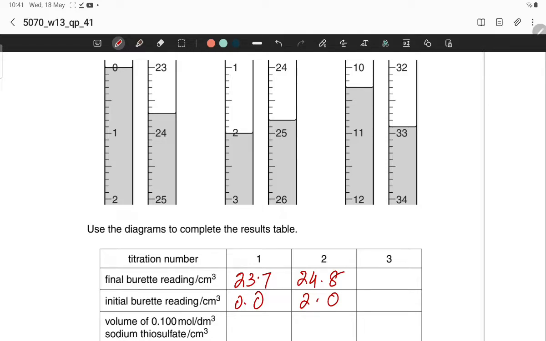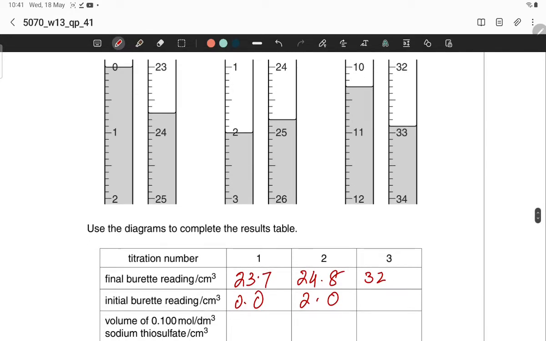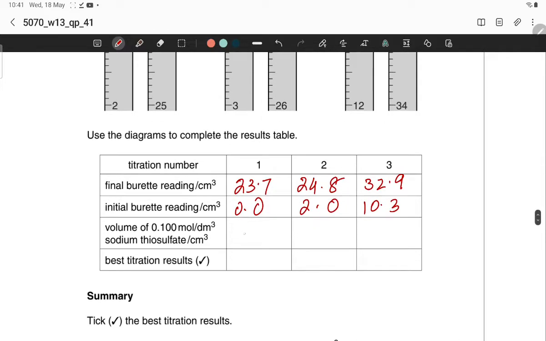And for the third titration, the final reading is 32.9 and the initial reading is 10.3.